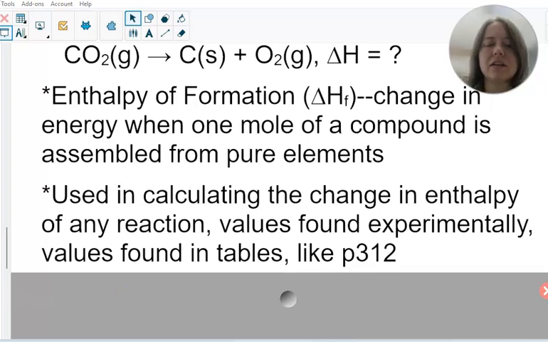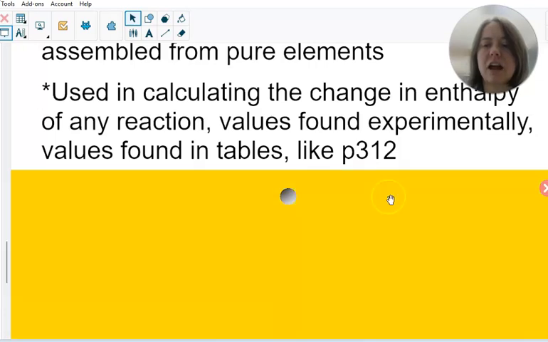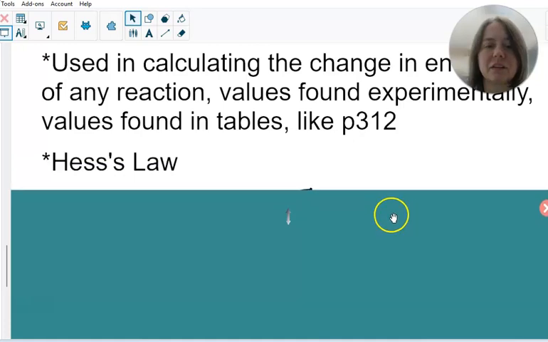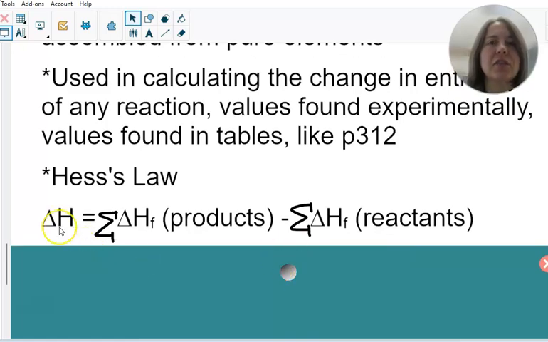When we are finding the change in enthalpy of a reaction, we're going to be using Hess's law. So please write this down. The change in enthalpy, delta H, is equal to the sum. This is a capital Greek letter sigma, and that stands for sum.